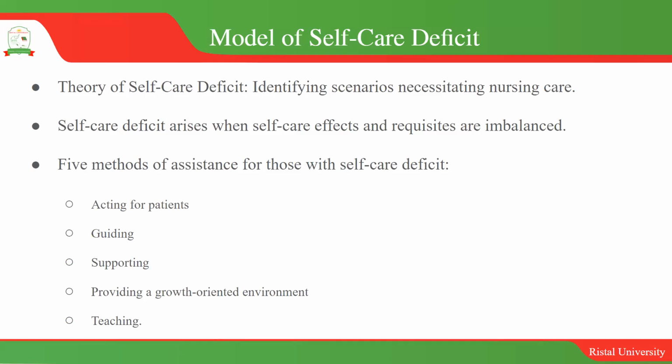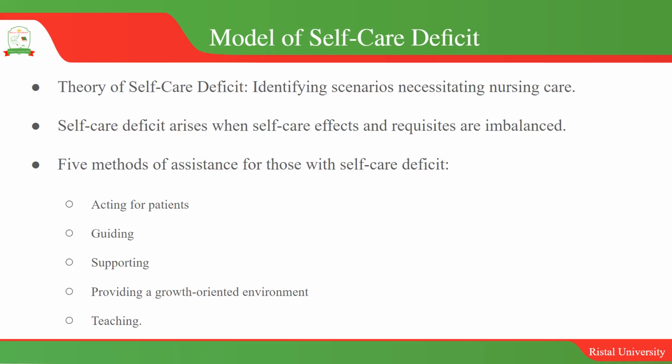So how do they reach that level of independence? Of course, you need to identify what the patient really needs, the deficits that they have, and then provide the care that they need. The care can be by acting for the patient, whether it is helping them take a bath, feeding them, taking medication.